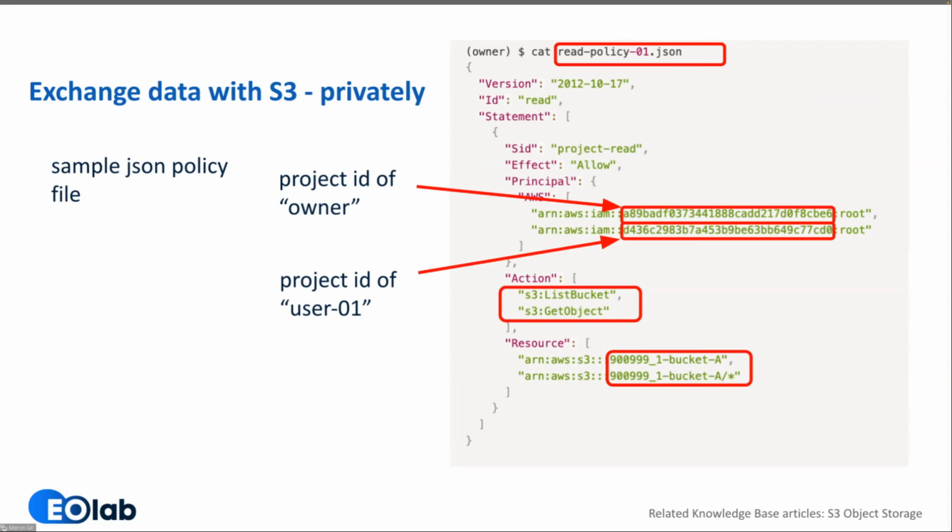And this is the file that will be used to set the policy of sharing the chosen bucket. In this example, we have the actions list bucket and get object, but you can also make it broader, like delete bucket. There are several commands that you can find in the documentation on EOLab.